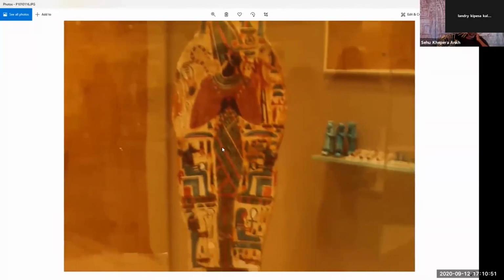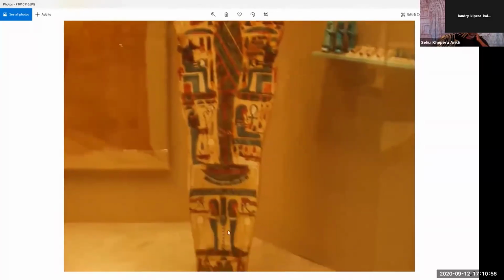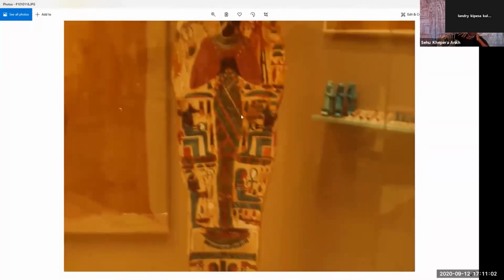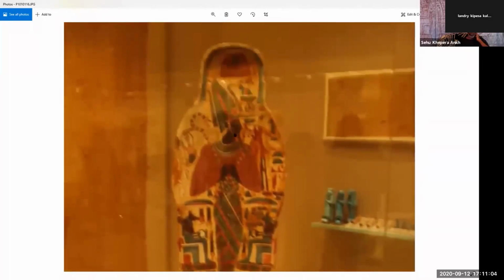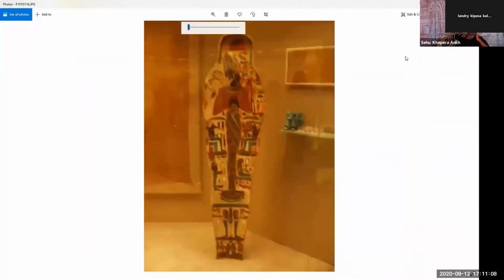You see he's holding his crook and his flail. He's standing on the symbol for Nu, with two of his grandchildren. And so you come up with ideas and then you have it designed the way you want it, if you want to do that kind of thing.